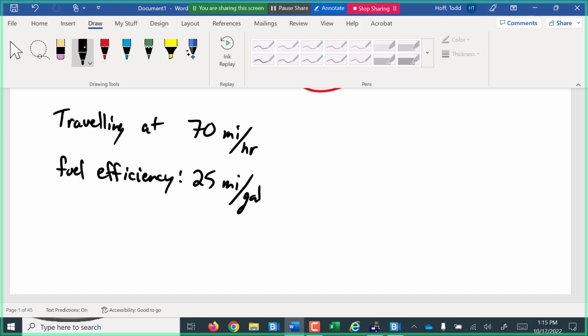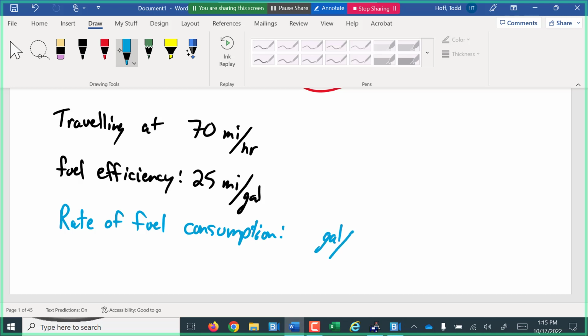We want to know your rate of fuel consumption. Now, rate of fuel consumption is usually in gallons per hour.